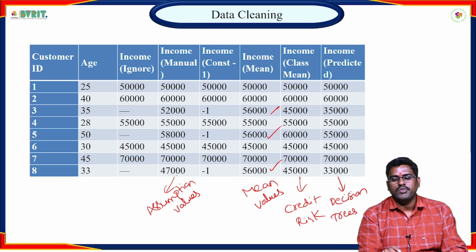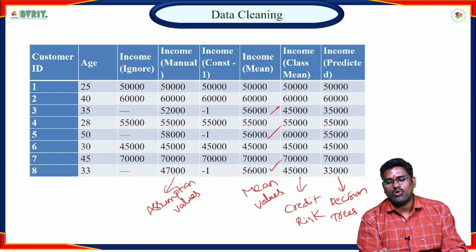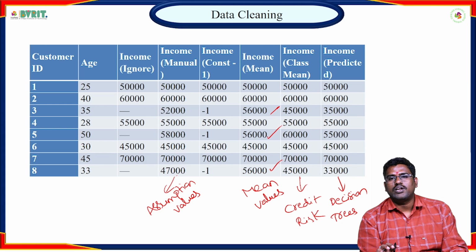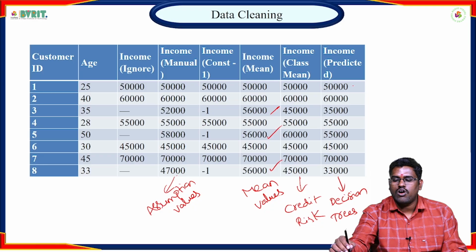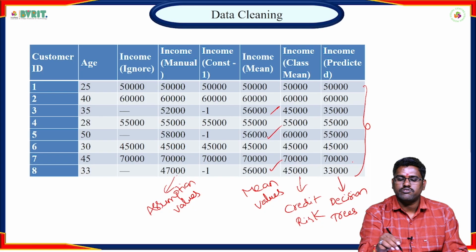By using the manual values along with the constant -1, and then the mean values of the given attribute values, and then credit risk, and then decision trees, by comparing all those values, whatever has lesser values, we need to predict that value. So finally, we need to place the values of these rows here.